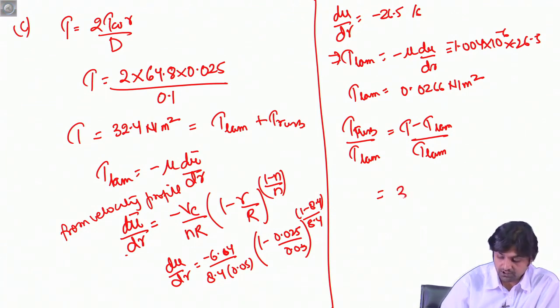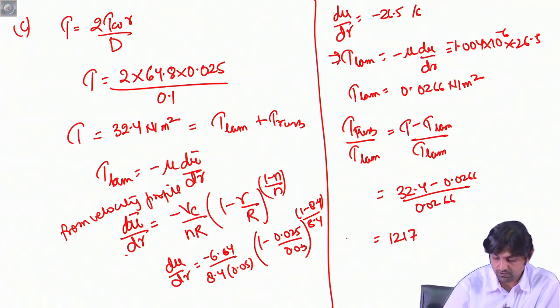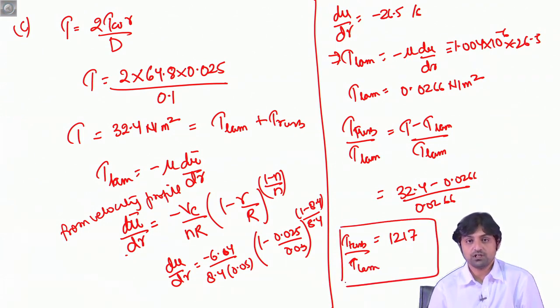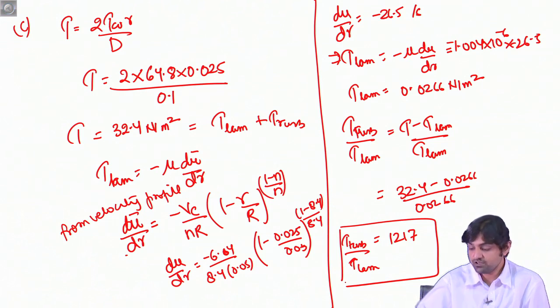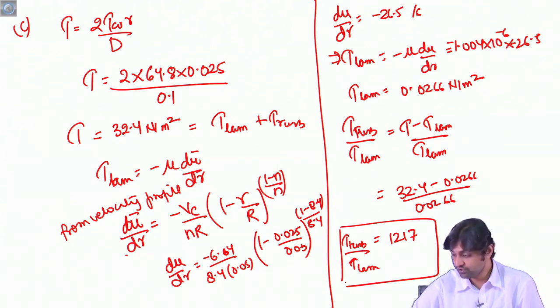So 32.4 minus 0.0266, divided by 0.0266, and this ratio comes out to be 1217 almost. So you see, the ratio of the turbulent shear stress to laminar shear stress is of the order of thousands, as we have claimed before.